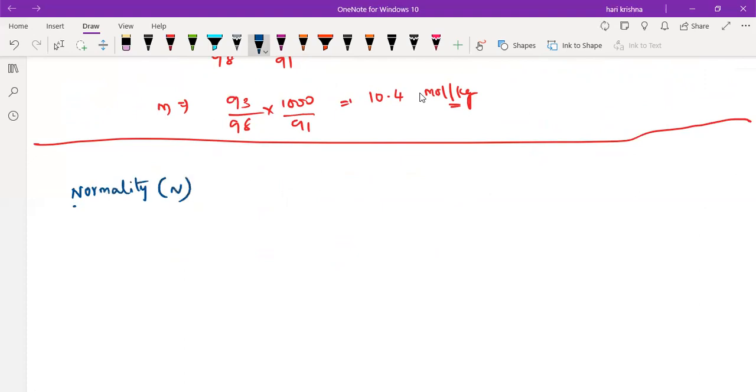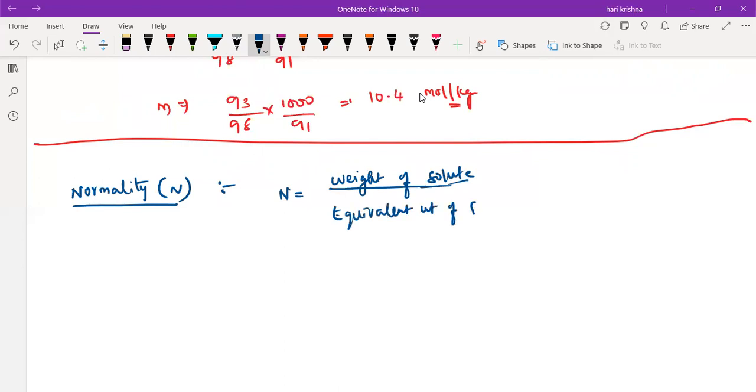Normality is capital N, which is equal to weight of solute by equivalent weight of solute into 1 by volume of solution in liters. That is the formula for normality.